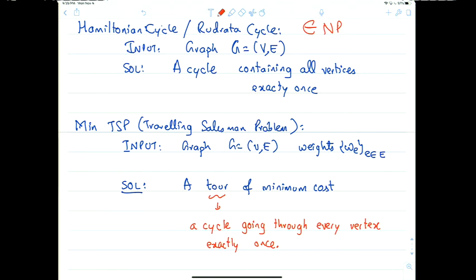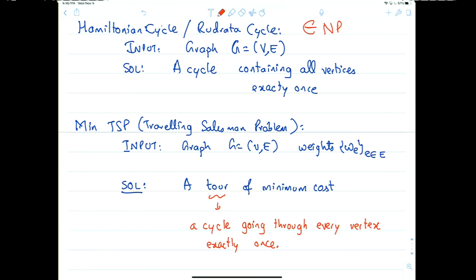So is this problem in NP? Do people see the issue? The issue is, I give you the graph with weights, and then I give you a solution, and I claim it's the minimum cost TSP tour.